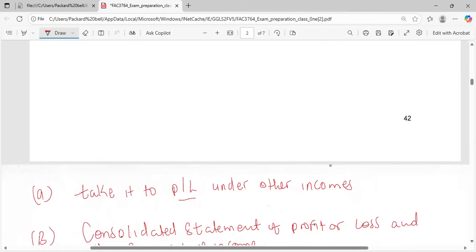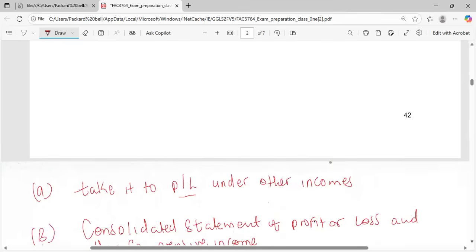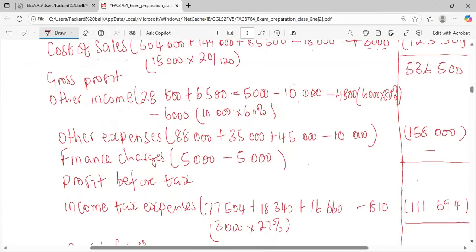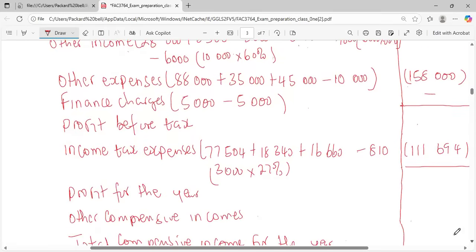So in the exam, if it is a consolidated statement of profit and loss, I don't start with those calculations. I will start to fill in whatever figures I can have, so that even if I don't finish and submit something like this, I know I'm going to get something. Because if you start with calculating, then at the end of the day, you won't be able to fill in here.